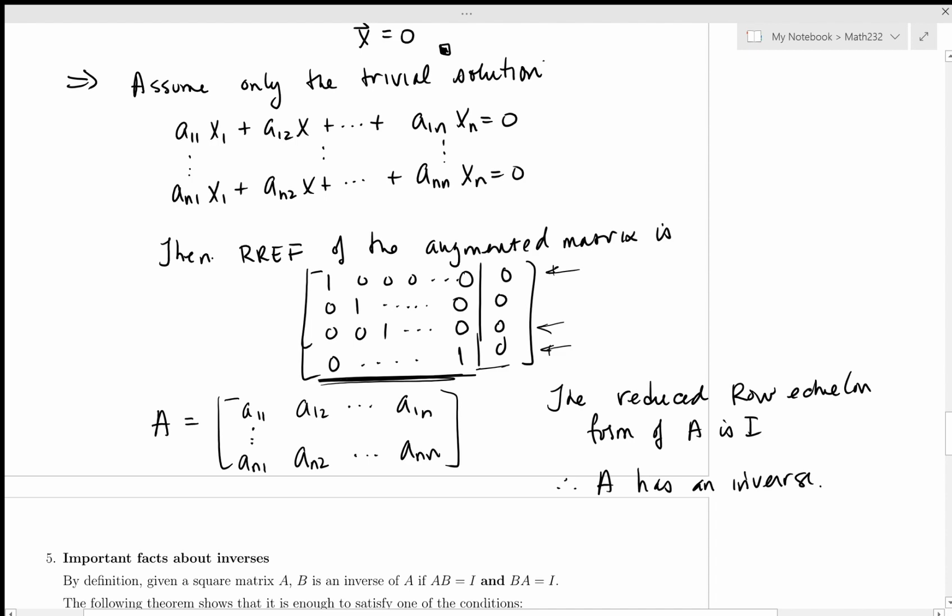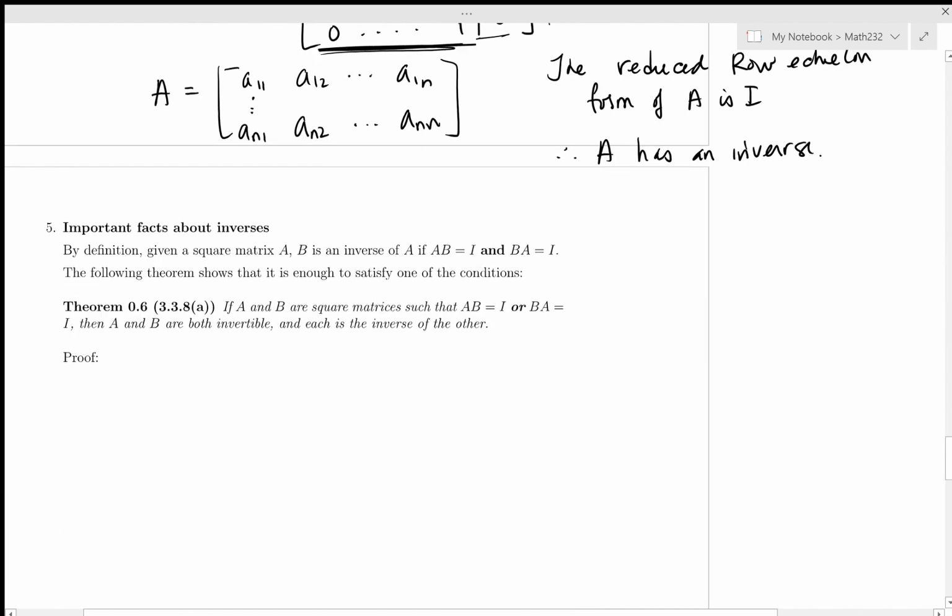Okay, some important facts about inverses. We are given two square matrices, A and B. And B is an inverse of A if AB equals I and BA equals I. When two matrices are inverses and you multiply them either way, you get I. And the following theorem shows it's enough to satisfy one of those conditions.